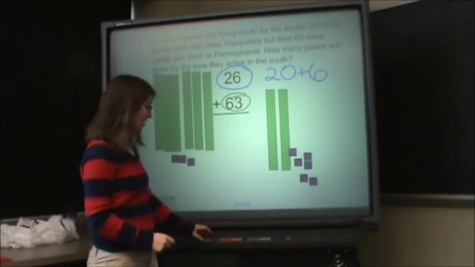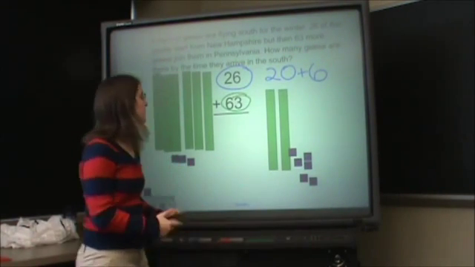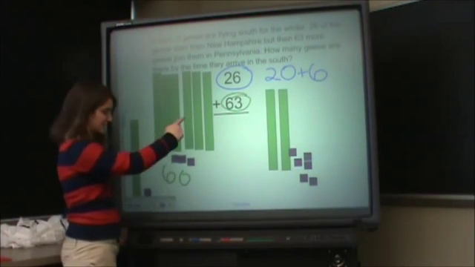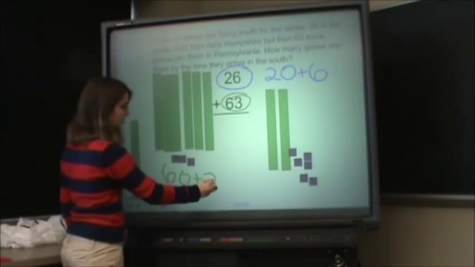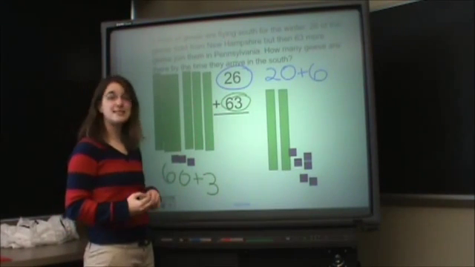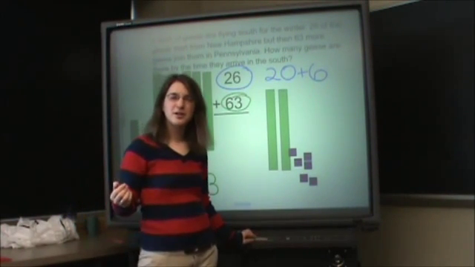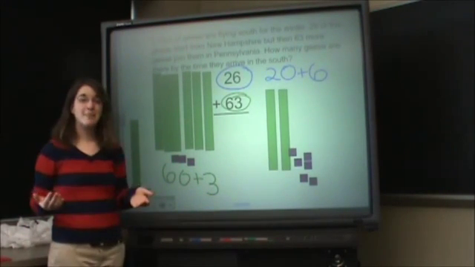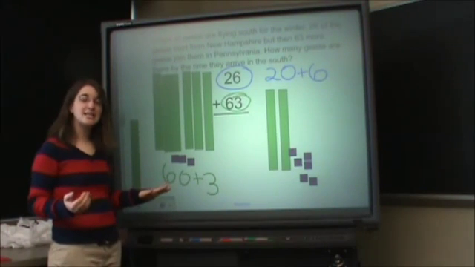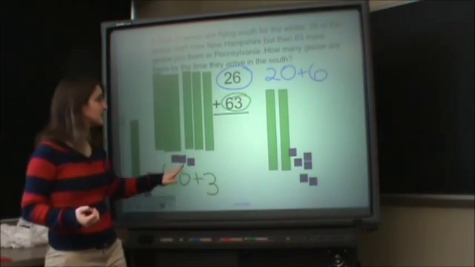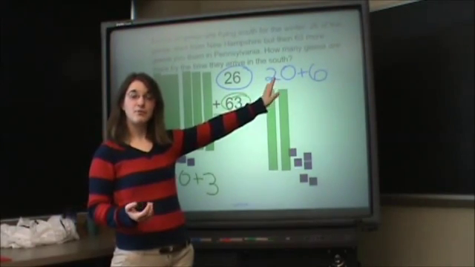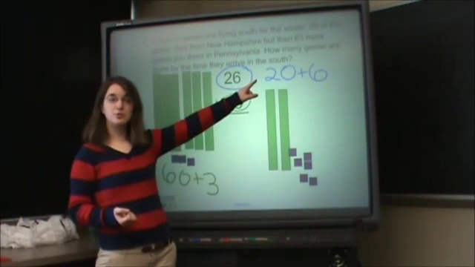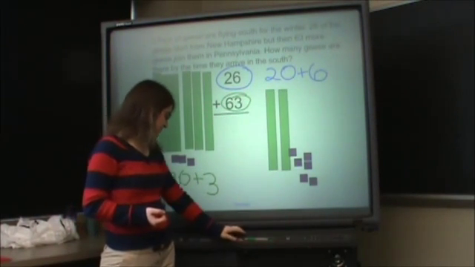And then when we pull that apart, we see that we have 60, because we have 6 tens plus 3, which is the same thing as 63. Now, how are we going to use this to solve this problem? If we think about it, it's probably going to be a lot easier to add 60 plus 20, right? Because we know that 60 counting up 20 will get us to 80.